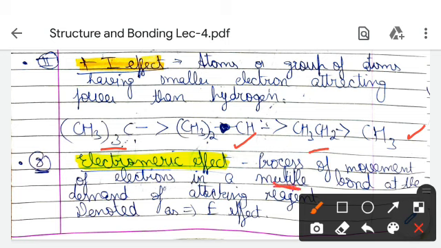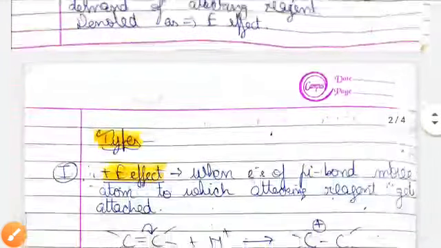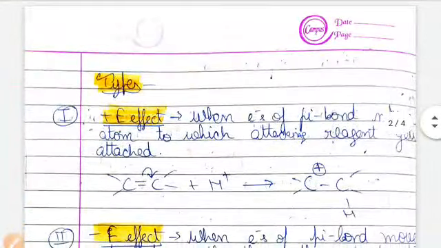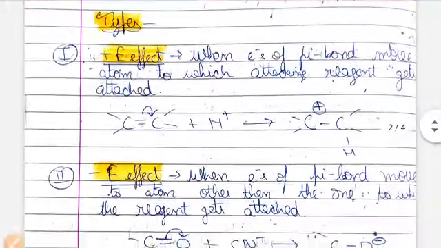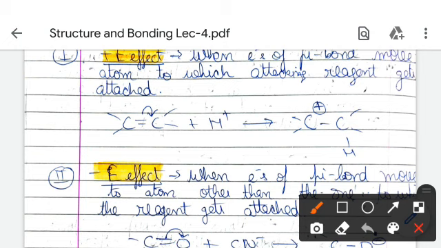In multiple bonds, the movement of electrons is called electromagnetic effect, and it is denoted by E, or say it is designated as E effect. Then it is further of two types, that is plus E effect and minus E effect.